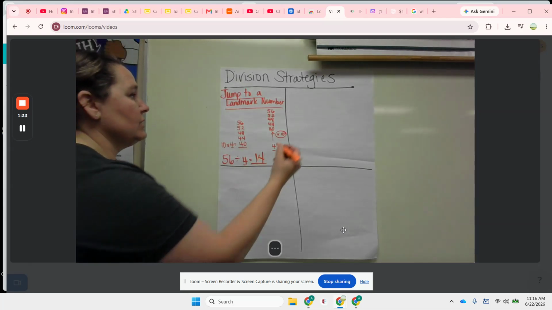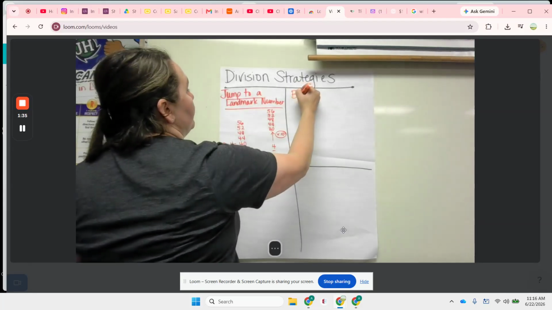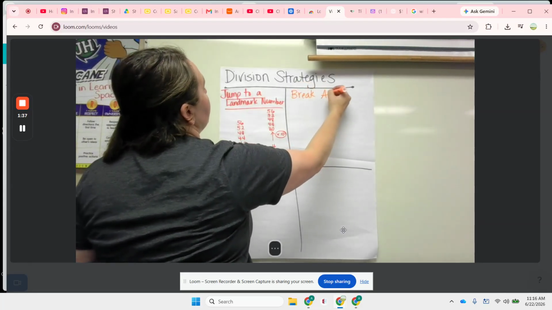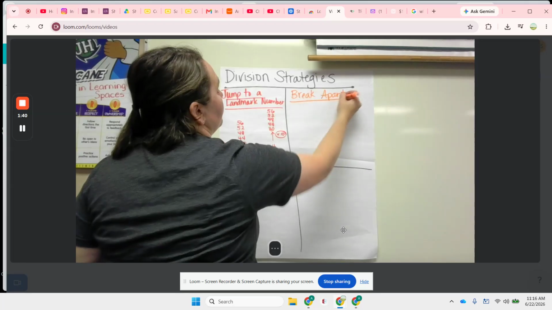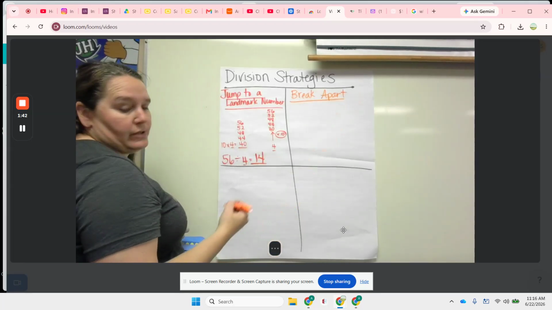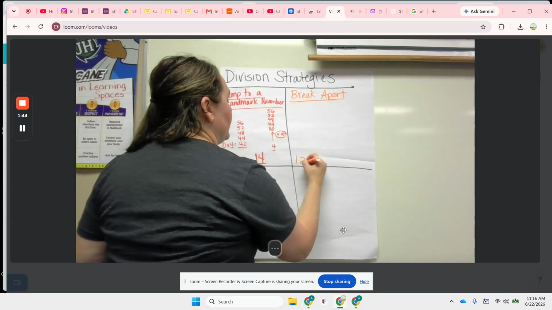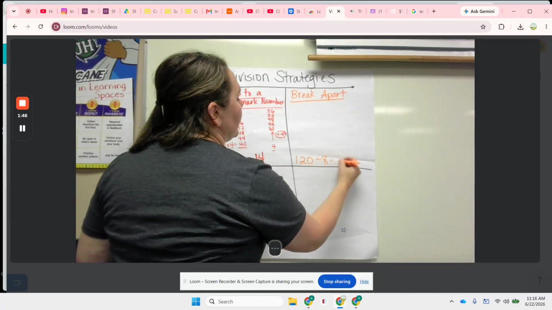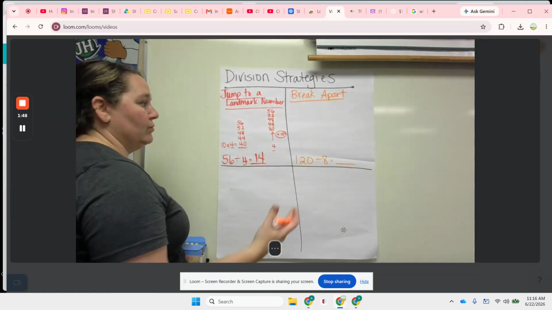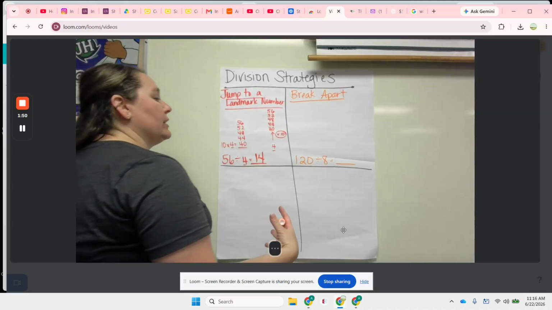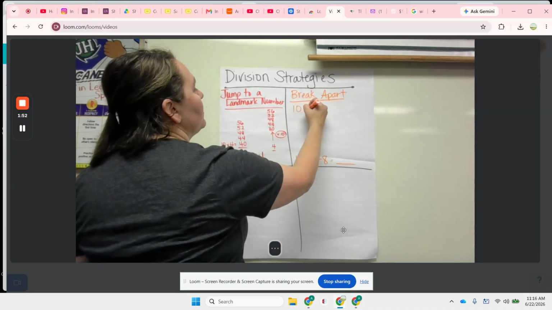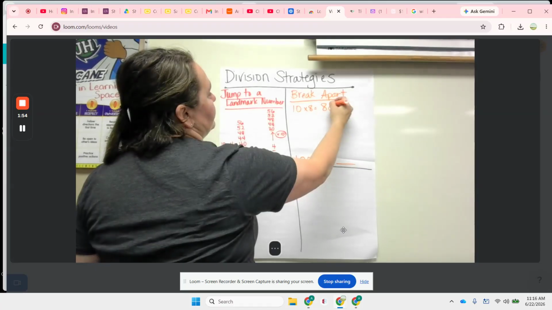Our next strategy we're going to look at is a break apart strategy. Now, this one I can tell you can be very confusing because for students who latch on to it during multiplication, they have to know how to break it apart. Again, you are going to jump to that landmark number where we're going to start with that 10 times 8 is 80.